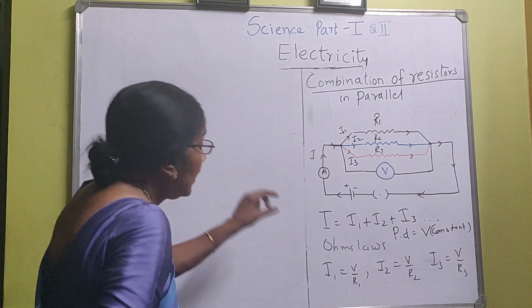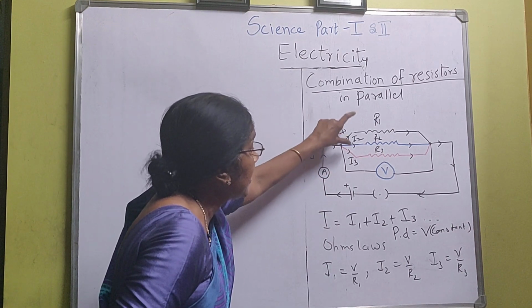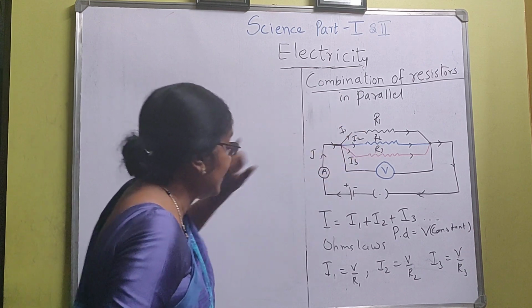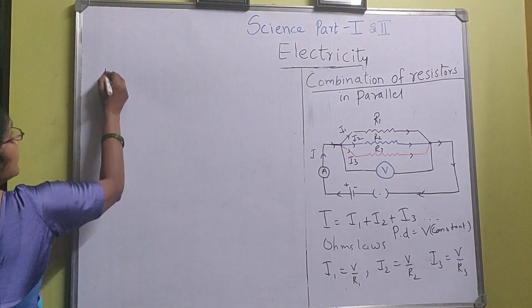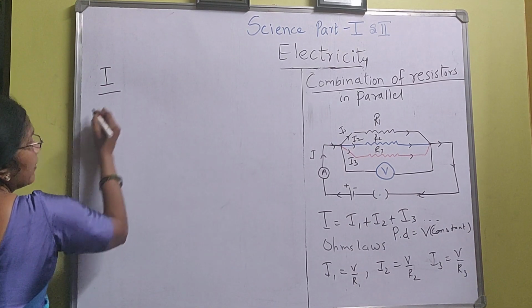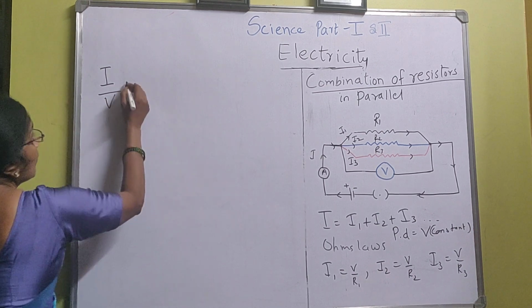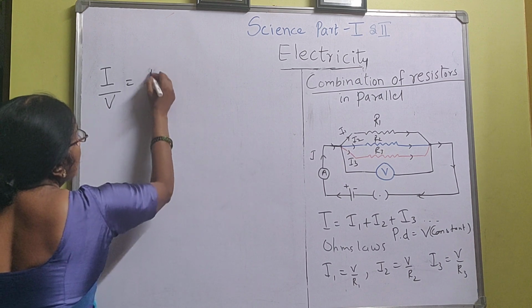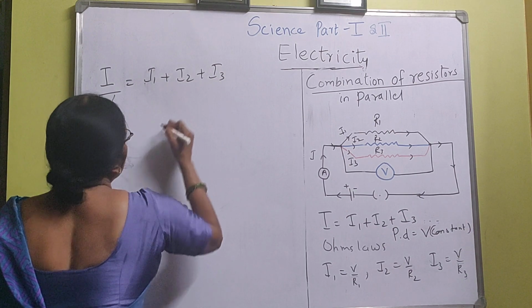So how do we find the total resistance when they are connected in parallel? The total resistance in these three resistors, applying Ohm's law, we can find out. Let this be I equal to I1 plus I2 plus I3.